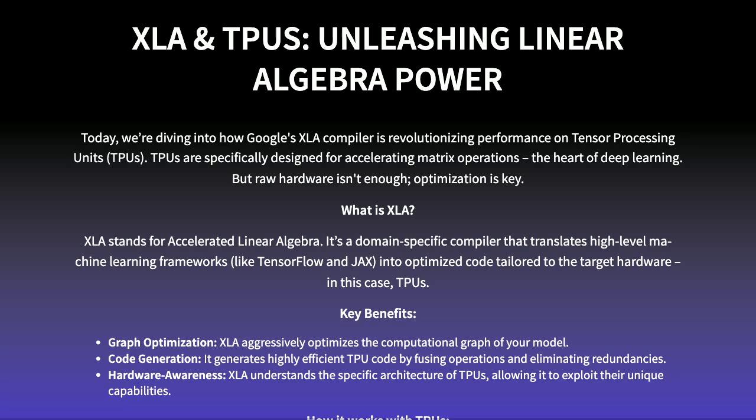XLA is basically a smart compiler that takes your machine learning model, figures out how to best execute it on a TPU, and then generates optimized code for the TPU. It does this by aggressively optimizing the entire computation graph, finding ways to combine operations and reduce wasted steps. Essentially, it's like having a master optimizer that understands exactly what TPU can do best.